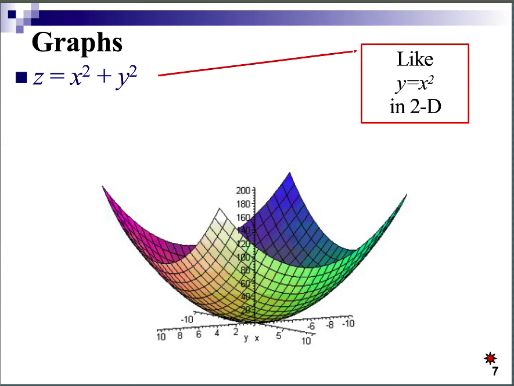So this reminds us a lot of y is equal to x squared in 2 dimensions, where we had a parabola that either opened up or down, and here in 3 dimensions you would have what we call a paraboloid, either opening up or down, in this case opening up. So this is another simple example of another multivariable function, and those first 2 examples are probably the easiest ones that we can sort of imagine. After that, they get pretty complicated, as you'll see here on the next slide.